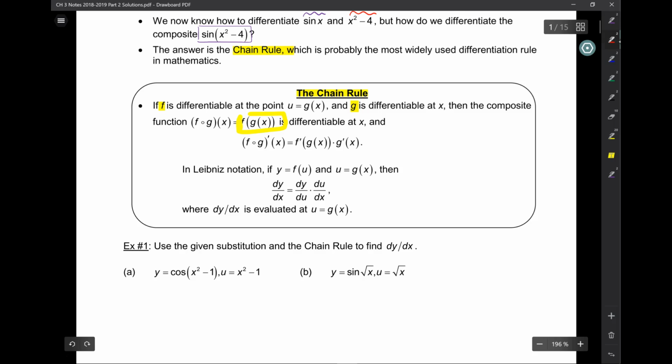In order to do the derivative of f of g of x, we first find the derivative of f prime, and then we multiply it by the derivative of g prime. Okay? So it's f prime of g times g prime of x. Okay? F prime of g of x times g prime of x.